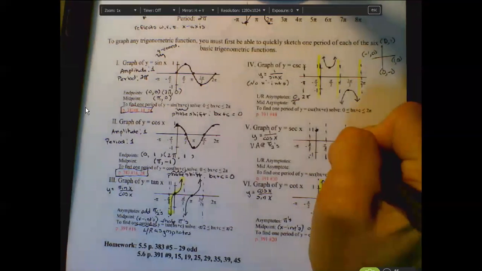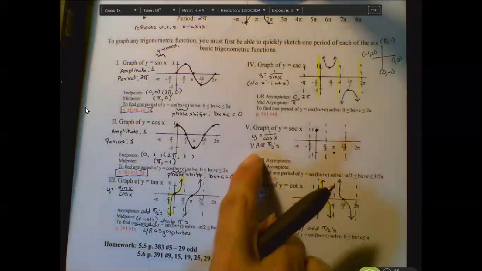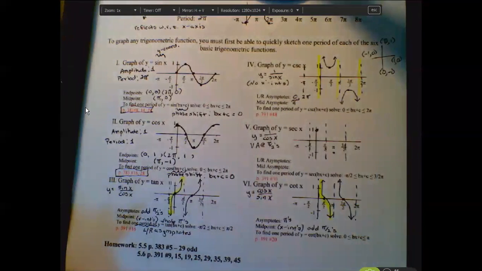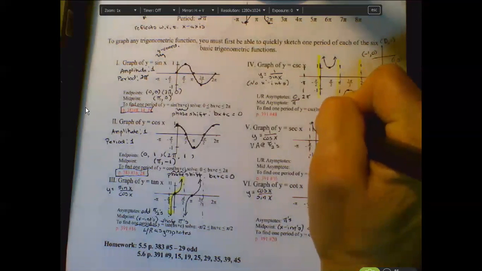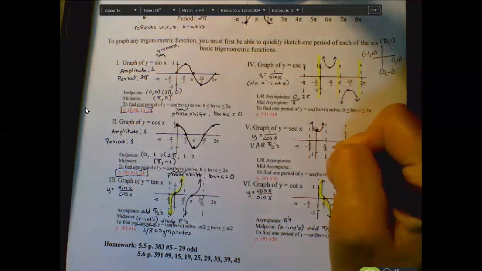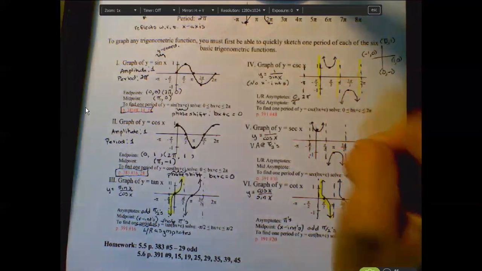So (pi, -1) is on the graph, and secant doesn't have x-intercepts for the same reason cosecant doesn't have x-intercepts. There's none of these x's you can flip and get 0. So if it's not going to cross the x-axis, then it pretty much has to look like that.